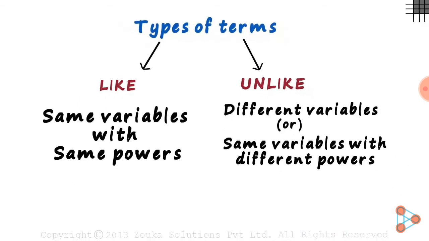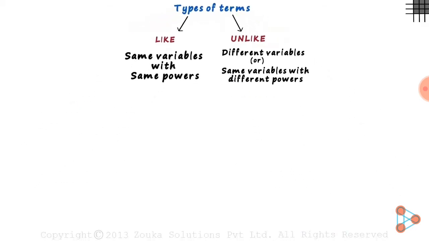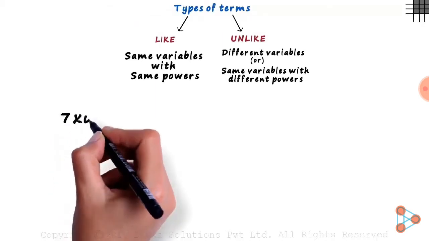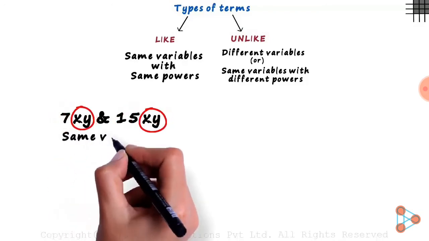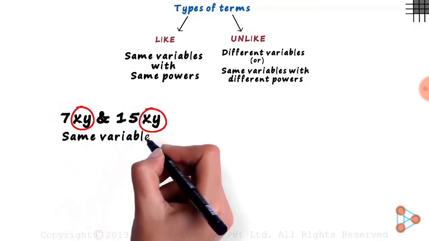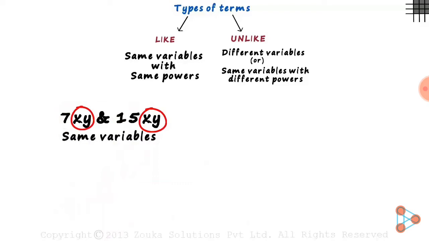Let's zoom out and understand a couple of examples. Consider two terms, say 7xy and 15xy. Are these two terms like or unlike? Remember, to know the type, we just have to look at the variables and not the constants. Both these terms have the same variables, x and y. But that is not enough to tell us if they are like or unlike.